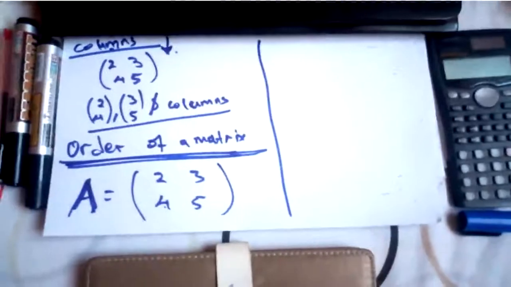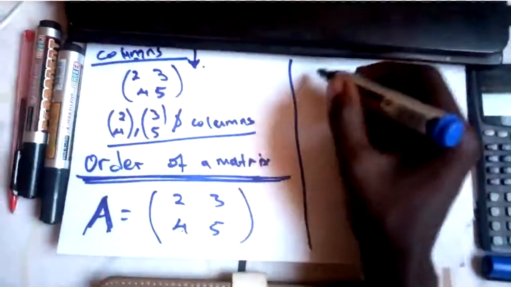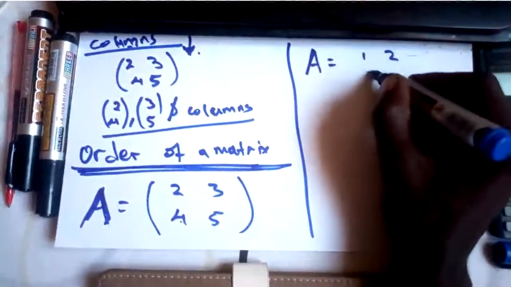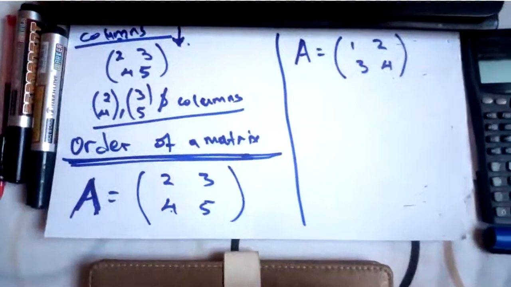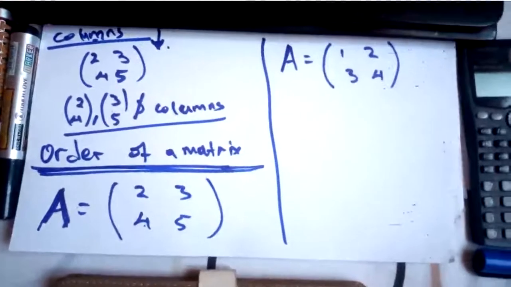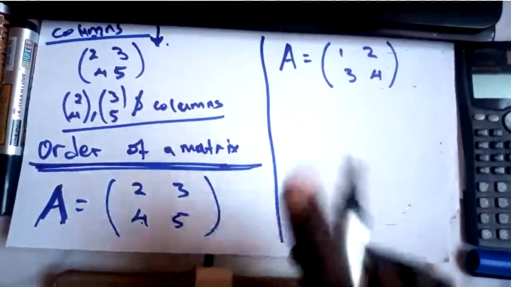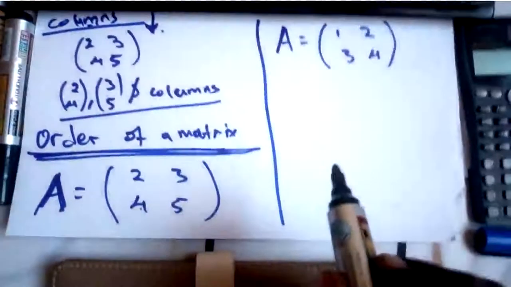So let us define our term, that is the order of a matrix. If I have a matrix, for example, A is equal to 1, 2, 3, 4, the number of rows and columns is the order of that matrix. Meaning that I have to count how many rows and columns I have.